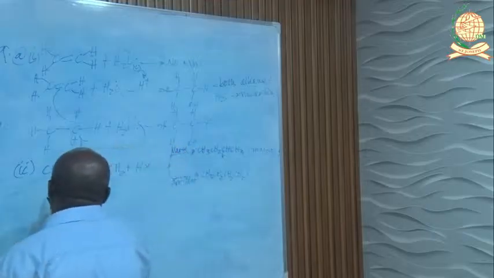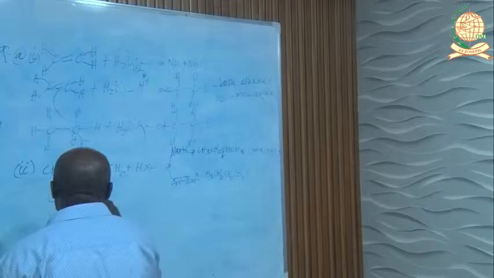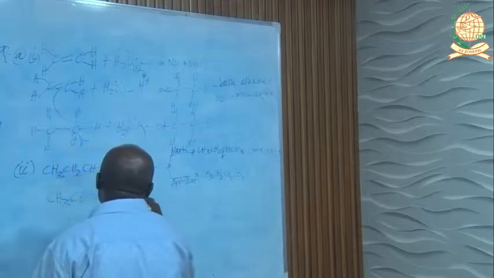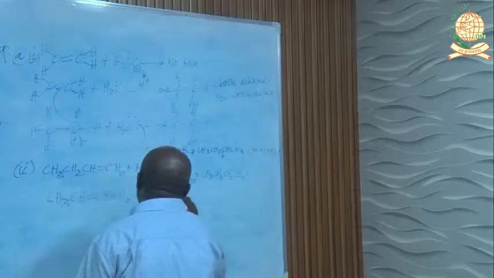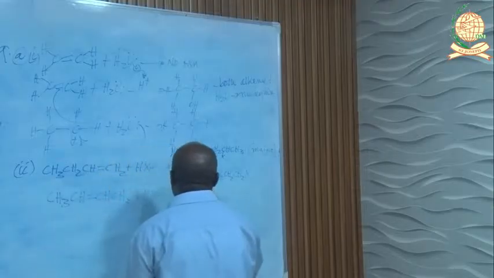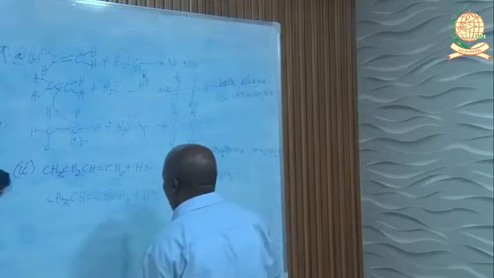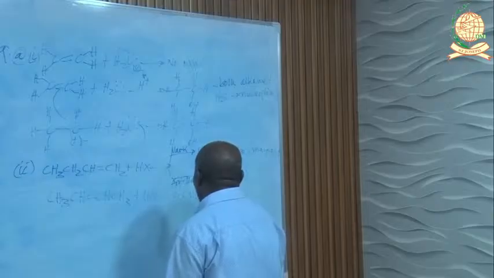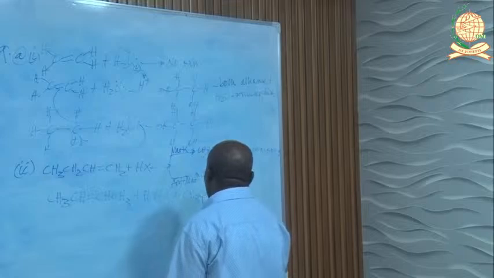But if you take but-2-ene, this is a symmetrical alkene, normally producing 1 product. It will give only 1 product, which is a 2-haloalkane, CH3, CH, X, then CH2, CH3.